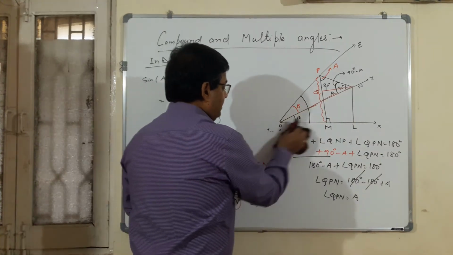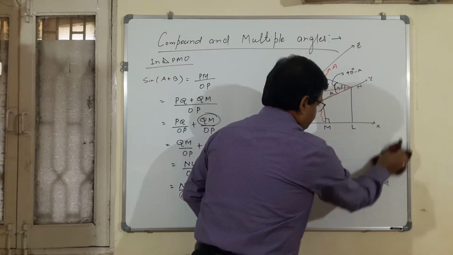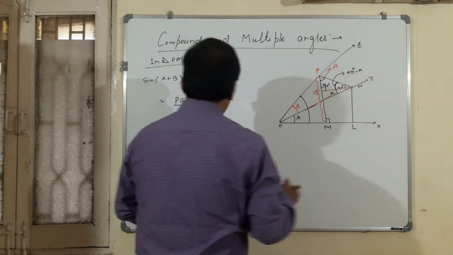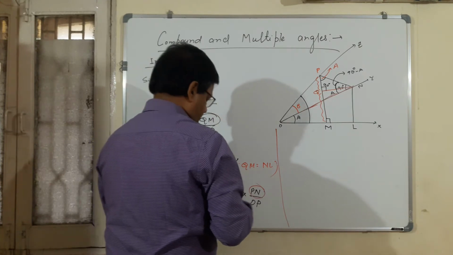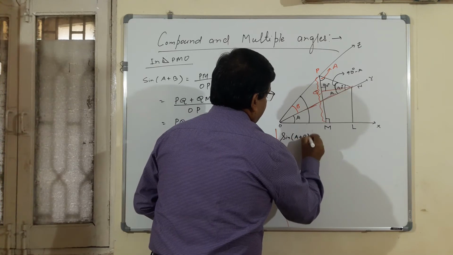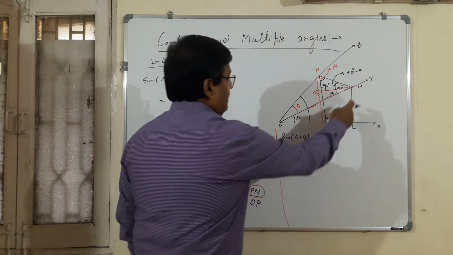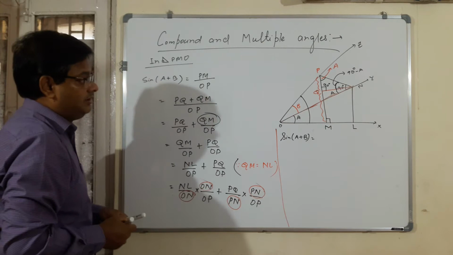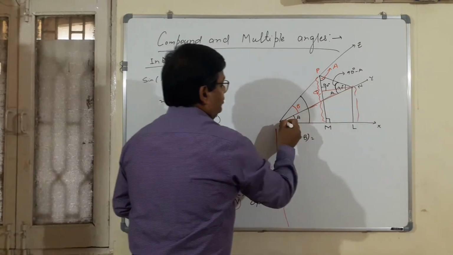So in right triangle, sin A plus B equals, see here, NL divided by ON. So NL, this is NL and this is ON.